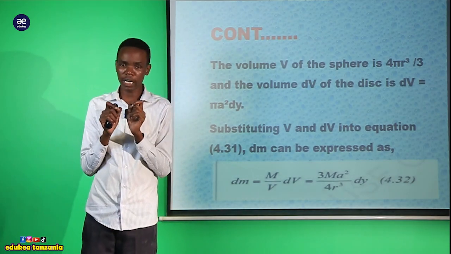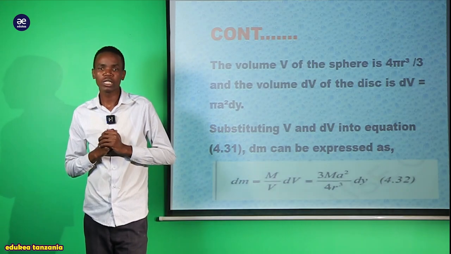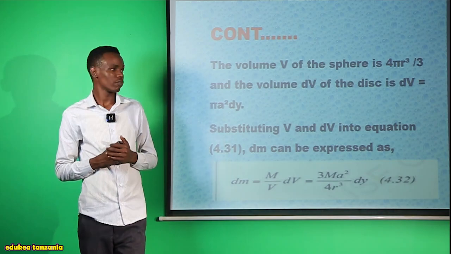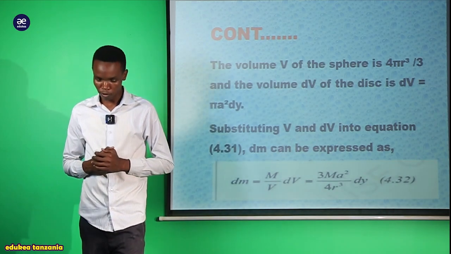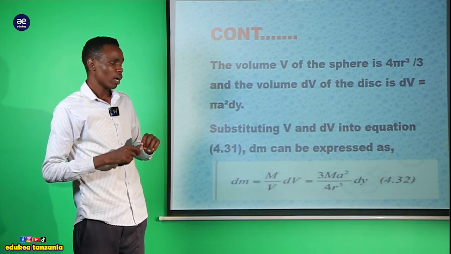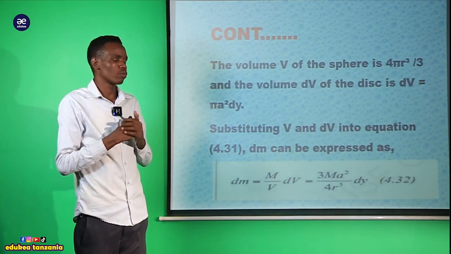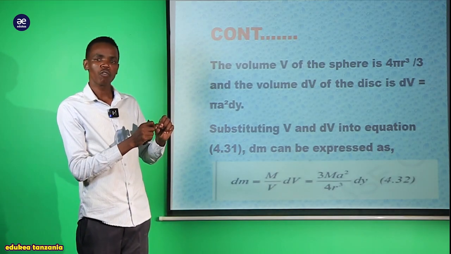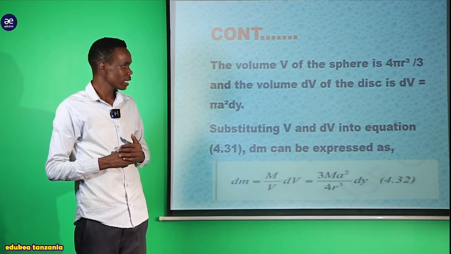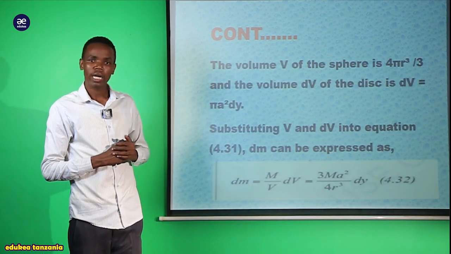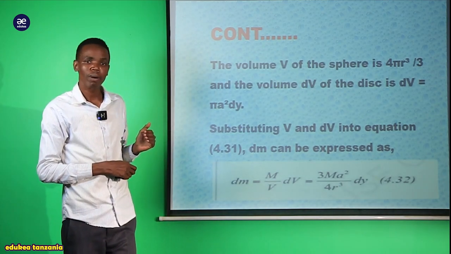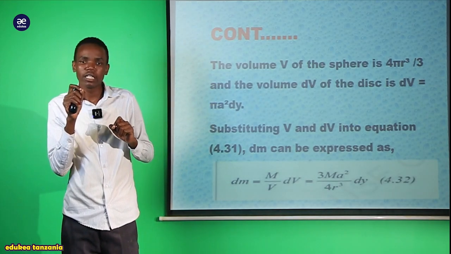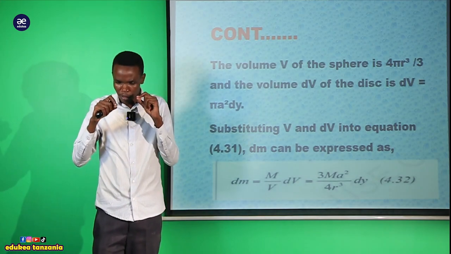The whole sphere has a volume equal to 4 pi r cubed divided by 3. For the small change of volume, we look at the elemental disk, whose volume equals pi a squared times dy. We take pi a squared, then multiply it by the small thickness of the elemental disk.